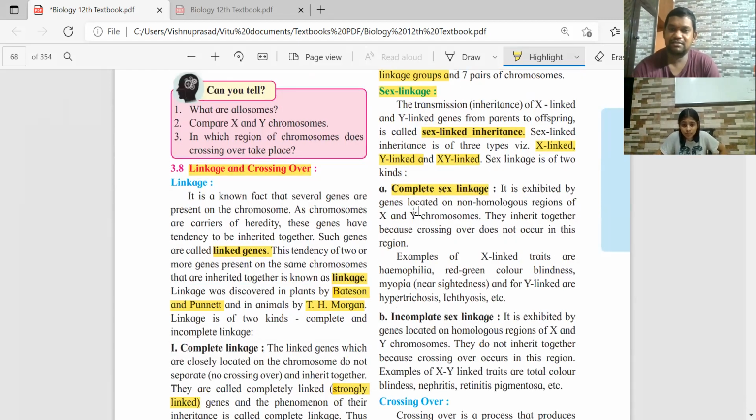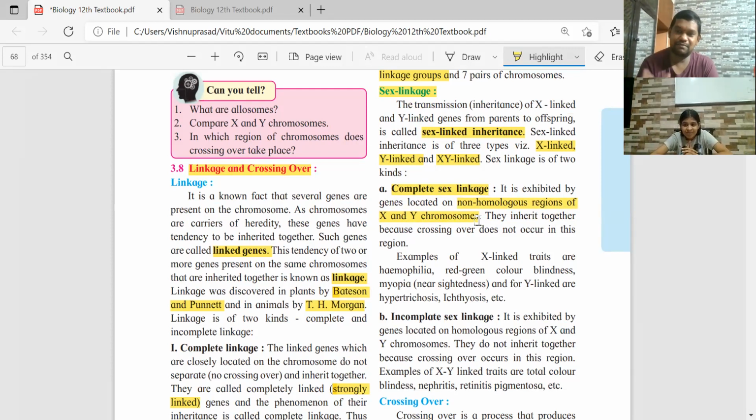Complete sex linkage means the genes which are located on the non-homologous regions of X and Y. The genes on the non-homologous portion of the X and Y will code for characters which are restricted to only males or only females, like the beard and the mustache.